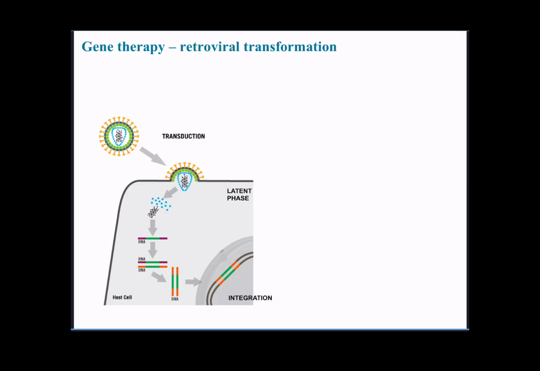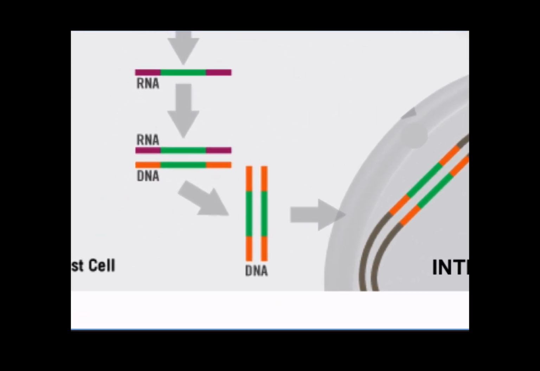So if we zoom in real quick here, there is this process of reverse transcription by which an RNA molecule is used as a template and a cDNA, or copy DNA, molecule is made by these retrotranscriptases. And then those cDNA molecules are in turn used by generally the same retrotranscriptases to make the second DNA strand. So that's how we go from a single-stranded RNA molecule to a double-stranded cDNA.